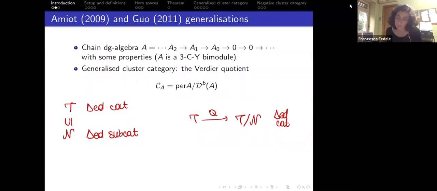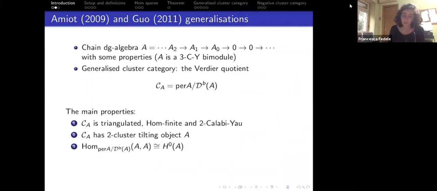Then she also listed and proved the three main properties that make a cluster category a cluster category. Even in the original case, the things that made most of the results about cluster categories true are these three sets of properties.